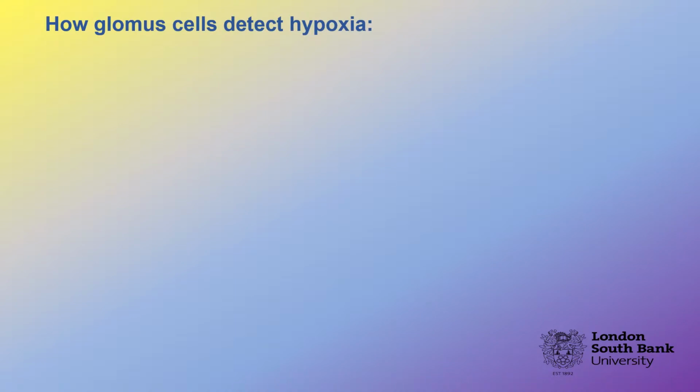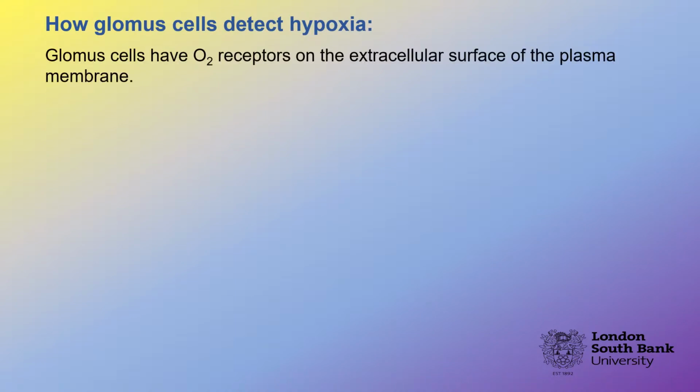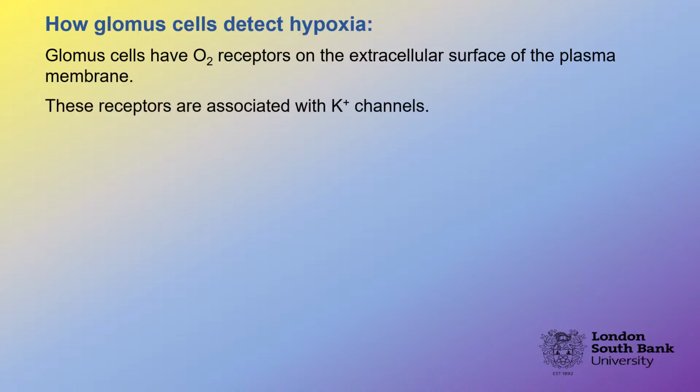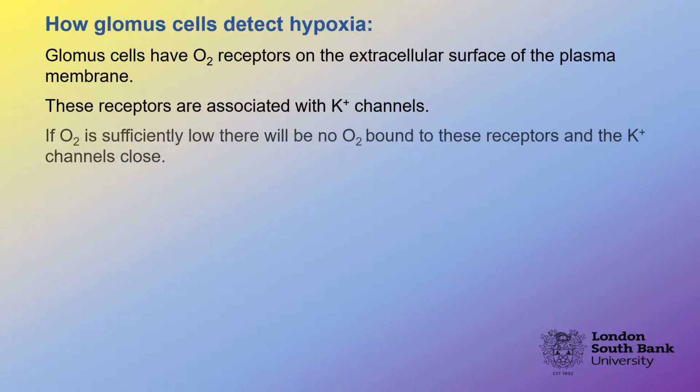So how do glomus cells do it? Well, they have oxygen receptors on the extracellular surface of their plasma membranes. These receptors are then associated with potassium channels. If oxygen is low, there will be no oxygen bound to these receptors.